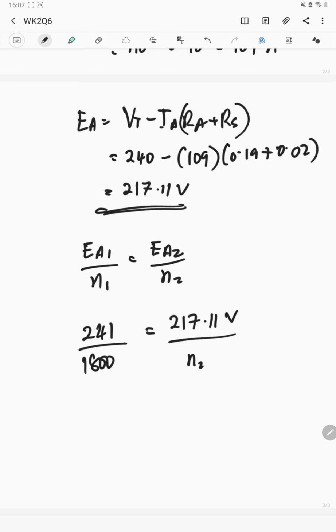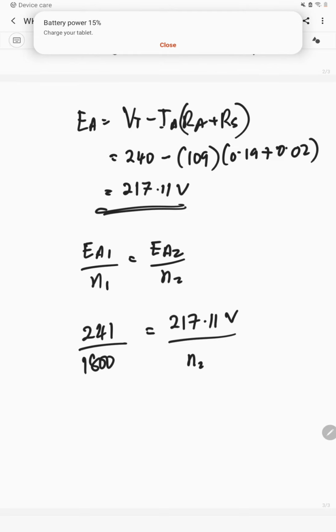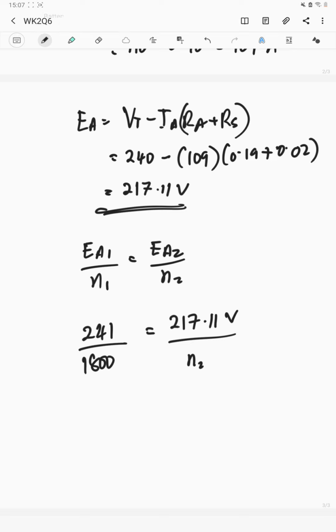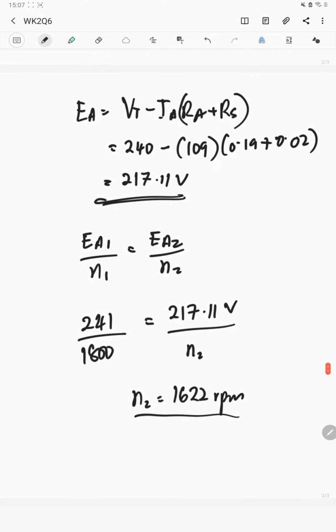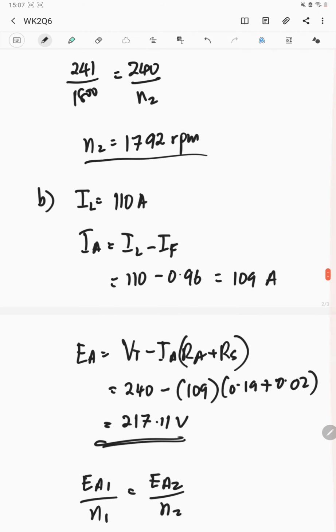So I will calculate 1800 RPM divided by 241 times 217.11, which will give you the full load speed at 1622 RPM.